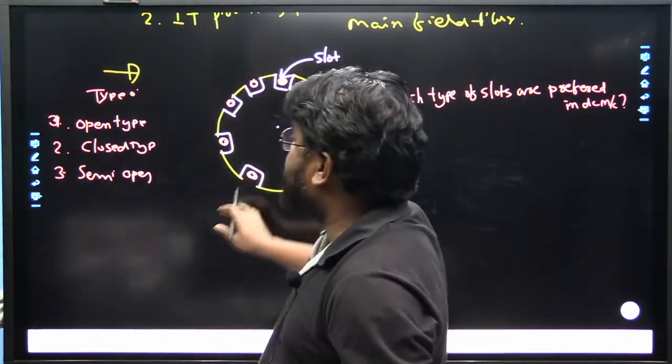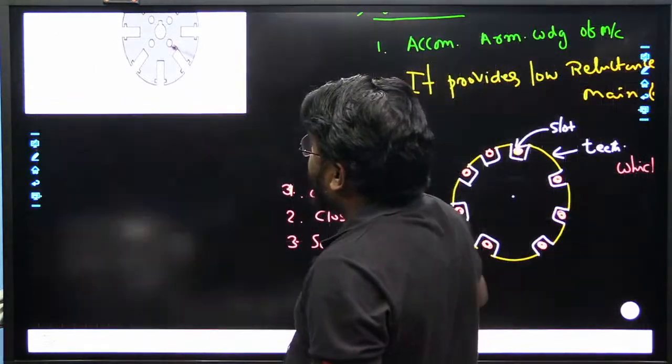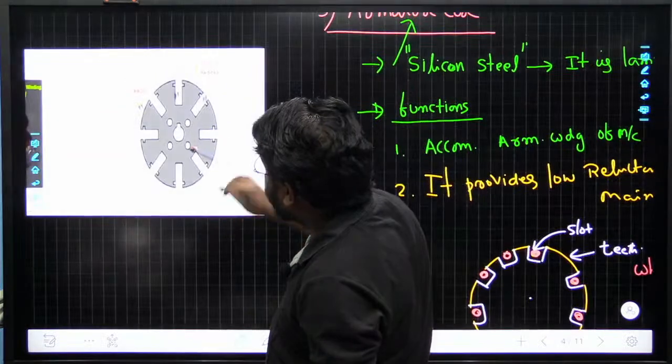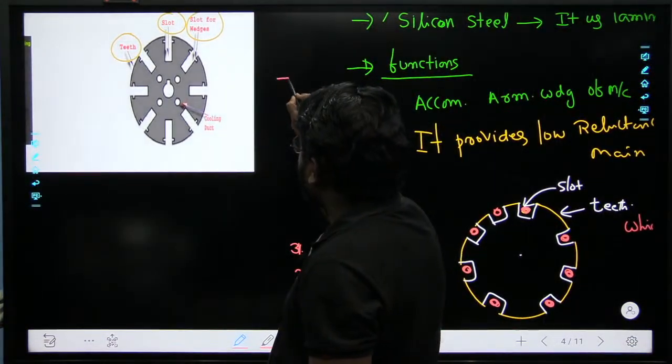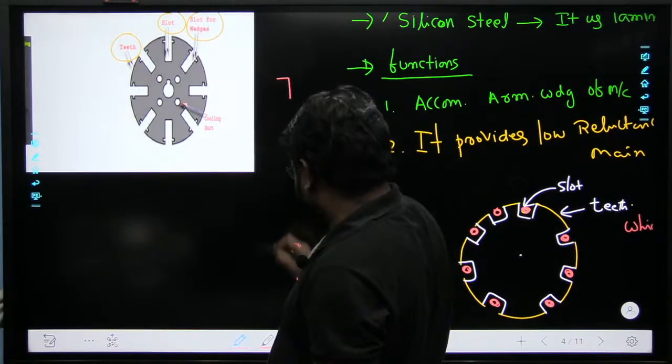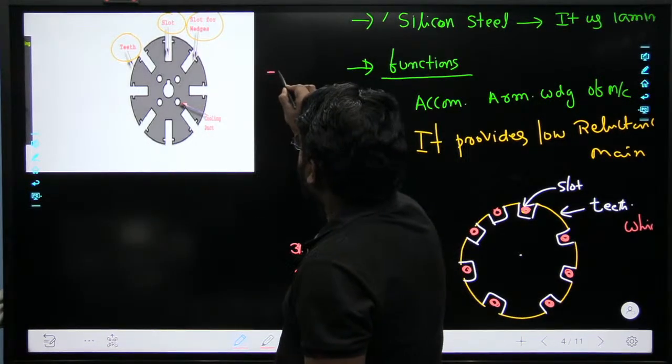What is edge? That's a correct question. Edge means, here in this diagram, there is a slot designed like this.